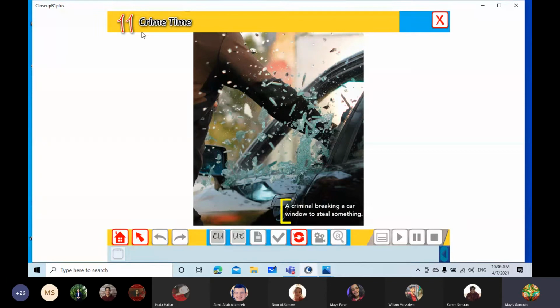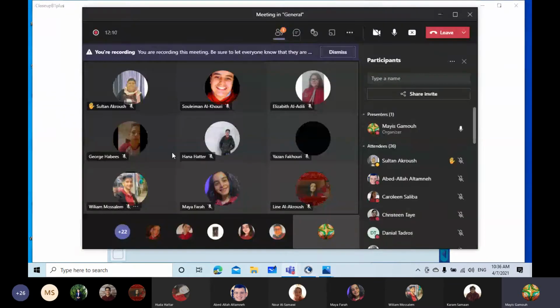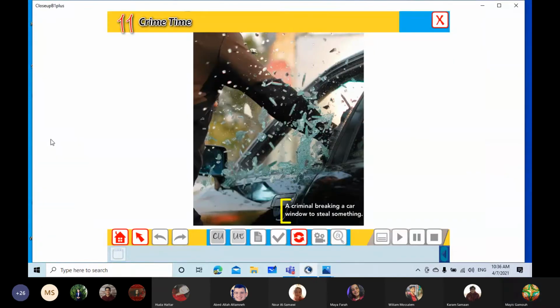Okay, what is the definition of the word crime? What is it when I say crime in English? Let me see students here. Do we have hands? Yes, Sultan. Teacher, we see a hand breaking the glass of the car, so he's trying to rob it or to kill someone in it. Okay, but my question was, what is the definition of the word crime?